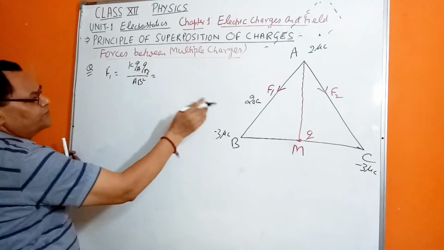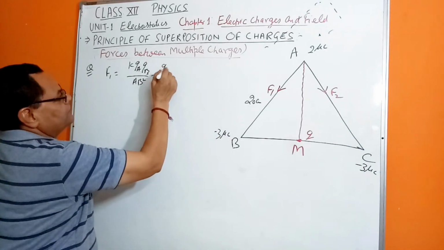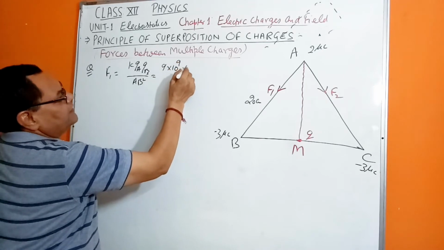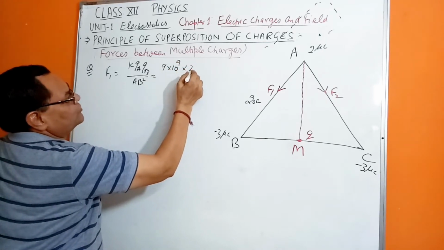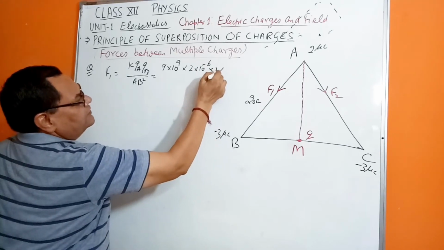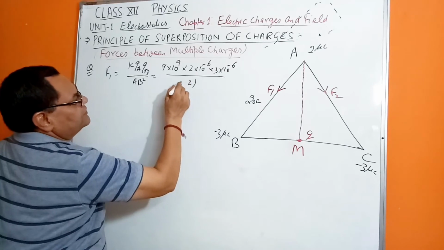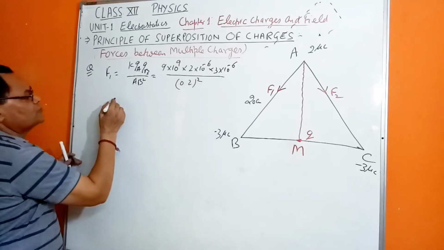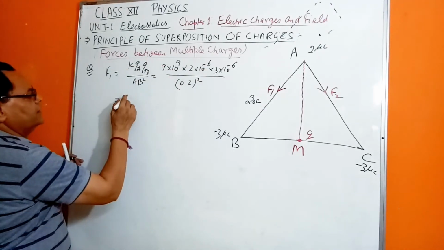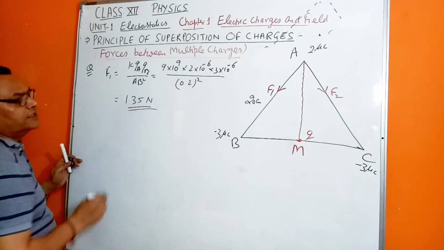When you substitute, as I was telling you, you can do the substitution yourself also. As of now I can do 9 × 10⁹, and this will become 2 × 10⁻⁶, and here it is 3 × 10⁻⁶, and again this becomes 0.2 whole square. When you simplify it, this may come as 1.35 Newton.